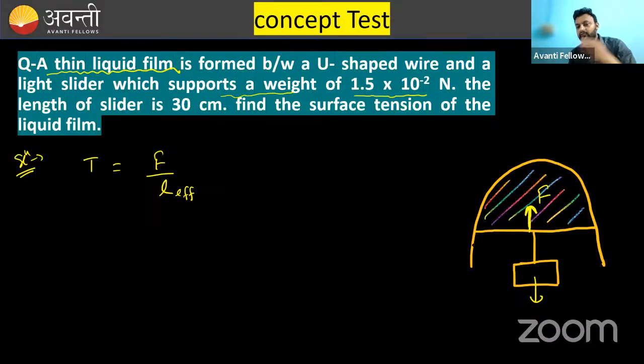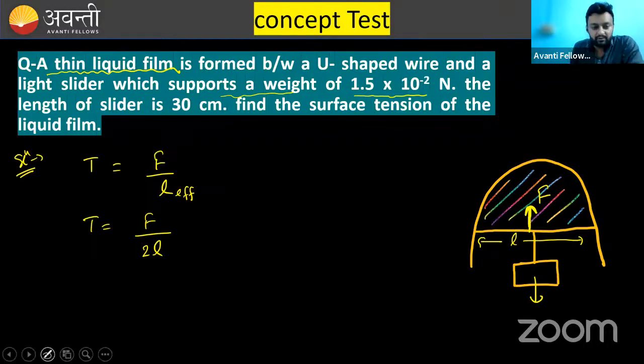Because for one surface, this is the length L, and for another surface, there is also a length L. So surface tension T is equal to F upon L, let this length be L. So effective length will be 2L. Why 2L? 1L is for the front surface, 1L is for the back surface. So total length is 2L.